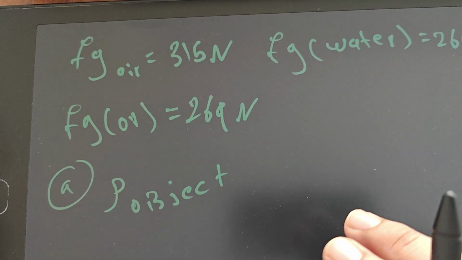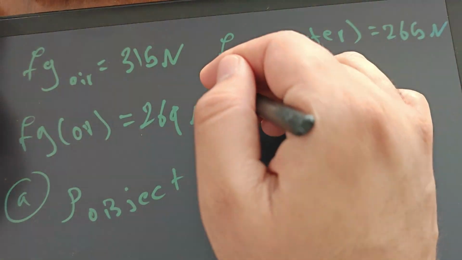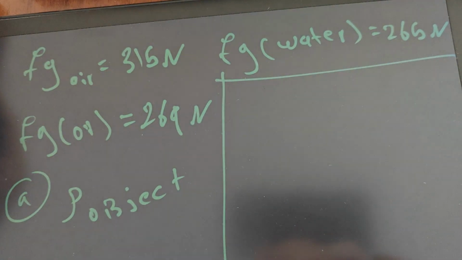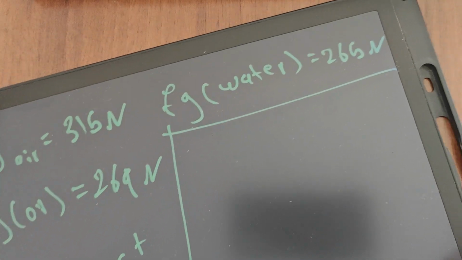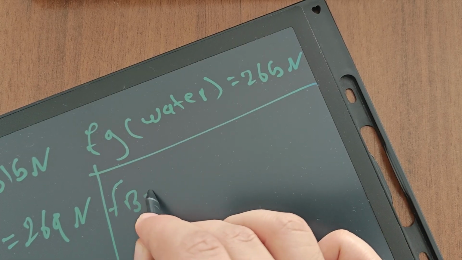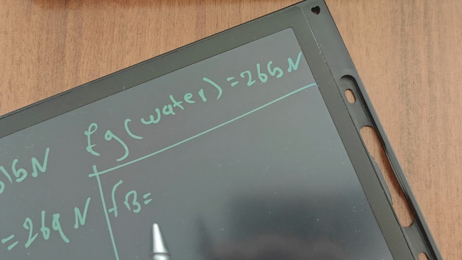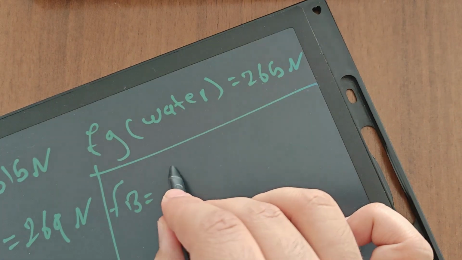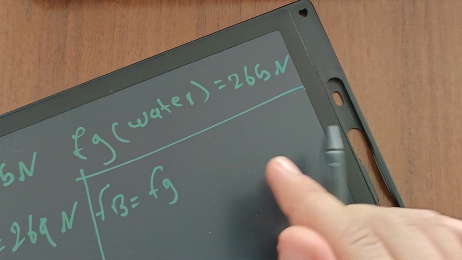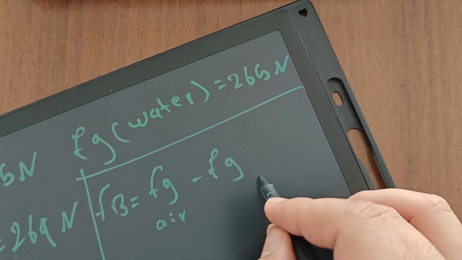If you remember, we have studied two rules. I'm going to write down both rules in front of you. The first rule: Fb, the buoyant force, is equal to Fg object in air minus Fg object in water.